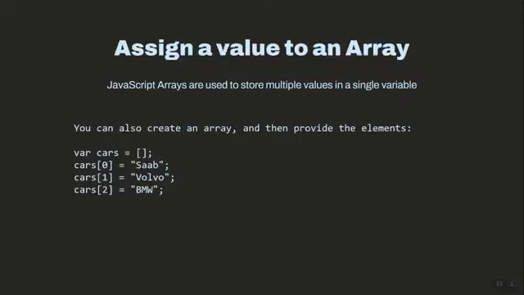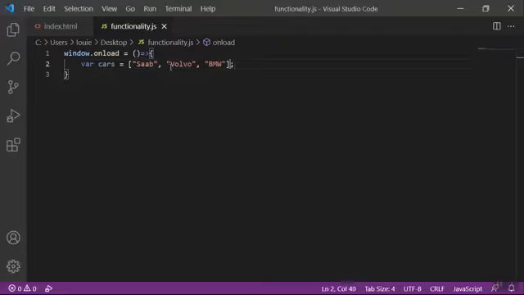You can also create an array and then provide the elements. We could also assign a value to cars later. Say, for example, we didn't assign values to the array cars because we don't know which cars to put in our array yet. As time goes on, for example, we want to add a type of car, so we could just modify the elements of this cars array.